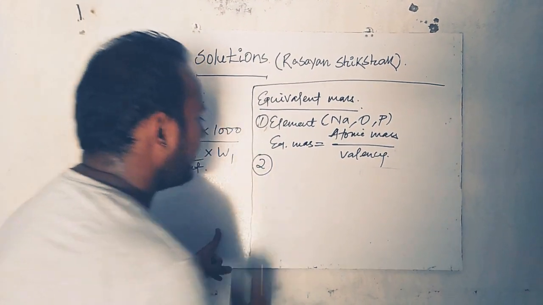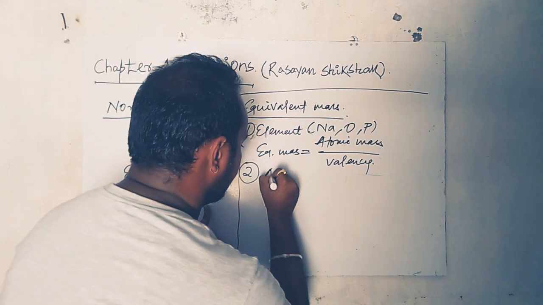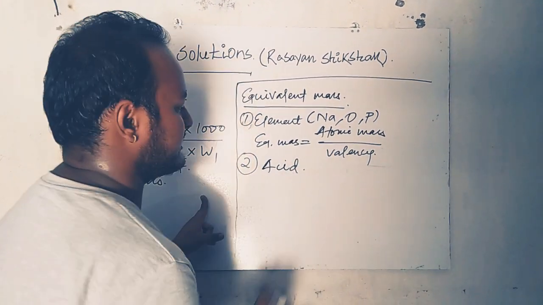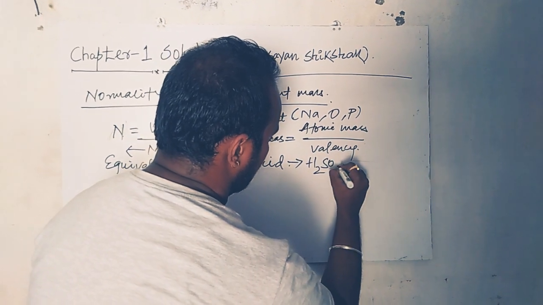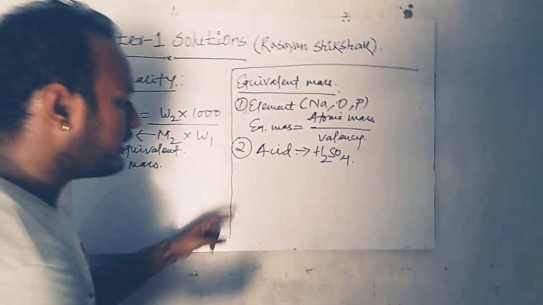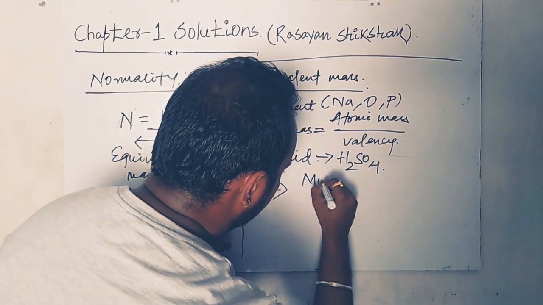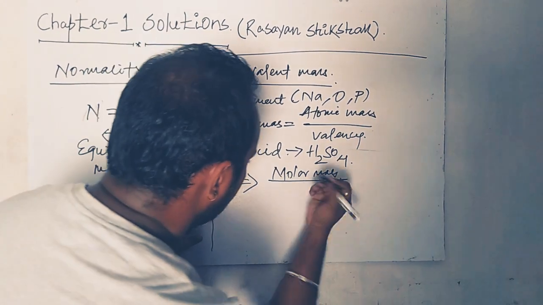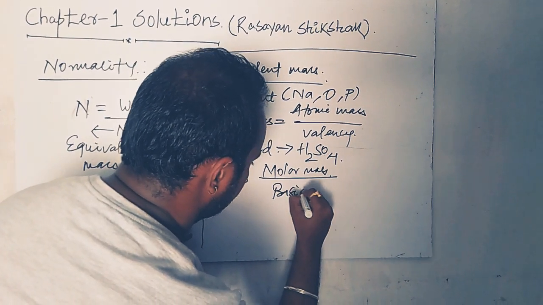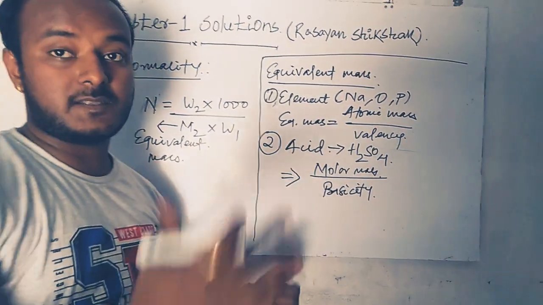Second, if you need to calculate the equivalent mass for an acid, for example H2SO4, then you need to divide the molar mass of acid by the basicity of acid. Please concentrate here.